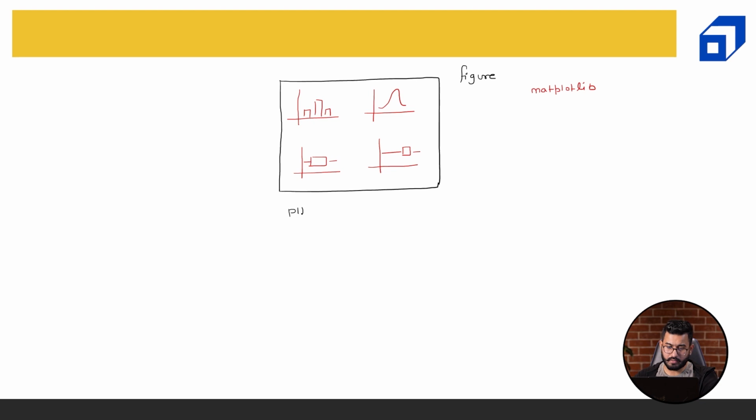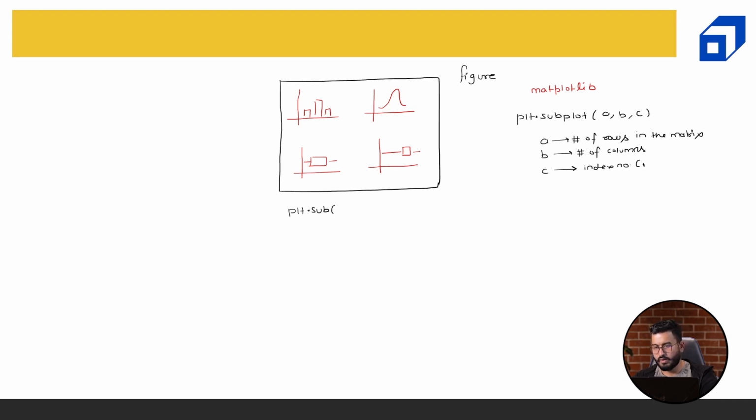So plt.subplot, this particular function takes 3 inputs, a, b, c, where a is the number of rows in the matrix, b is the number of columns, and c is the index number or the plot number.